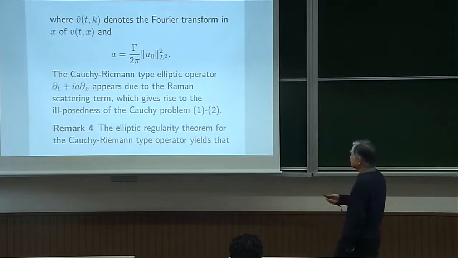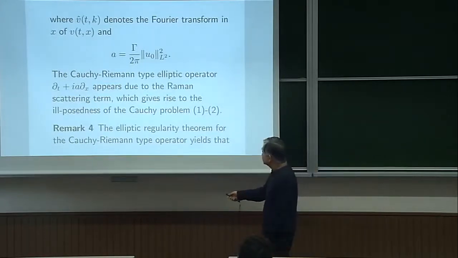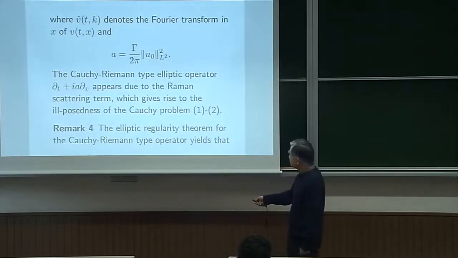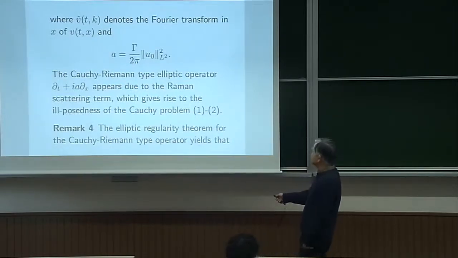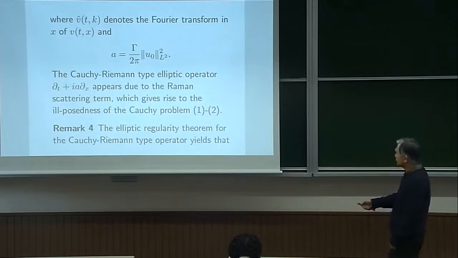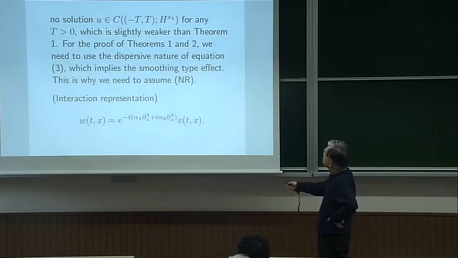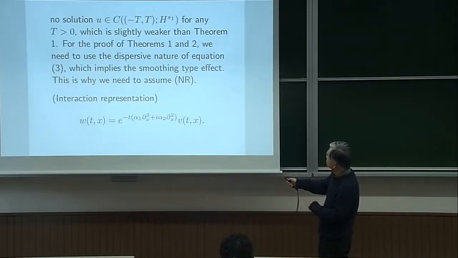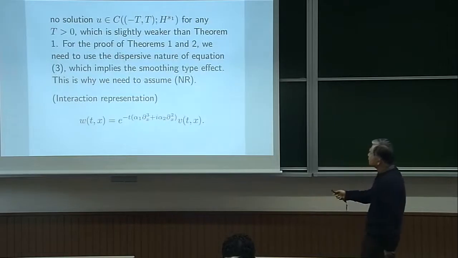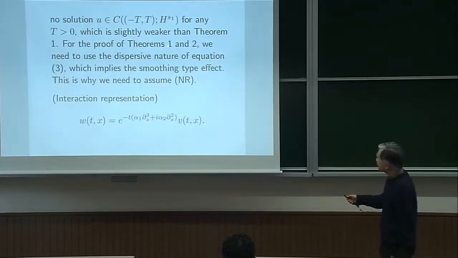So I'd like to make a remark: the elliptic regularity theorem for the Cauchy-Riemann type operator yields no solution U both towards positive and negative time for some capital T. So this is slightly weaker than theorem 1.